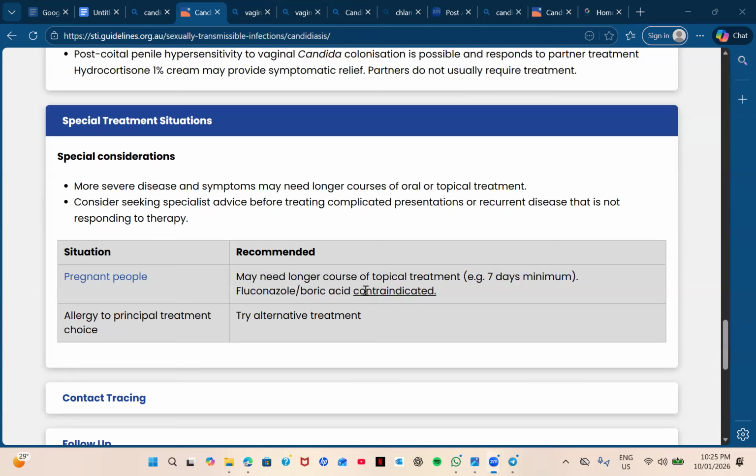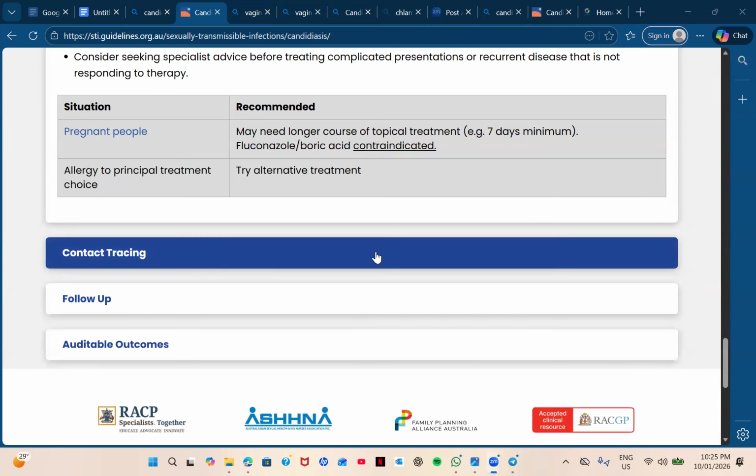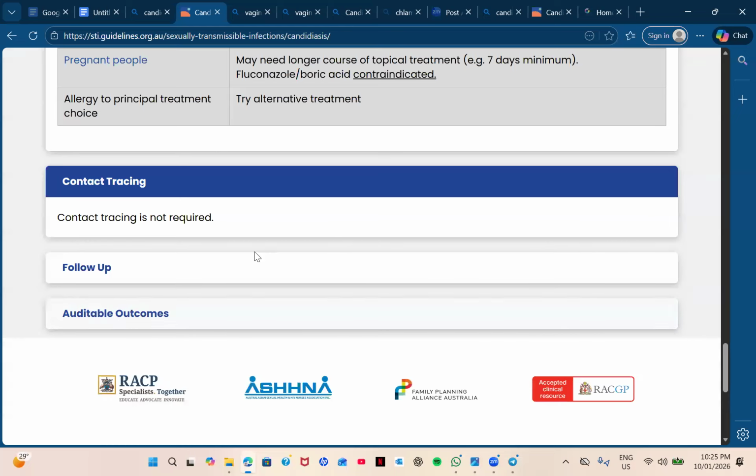Okay, so what about contact tracing? Do we need contact tracing in candida? Tell me. No contact tracing is required.